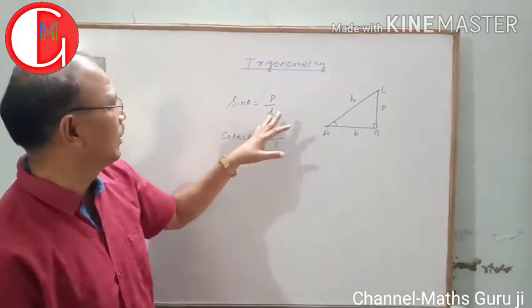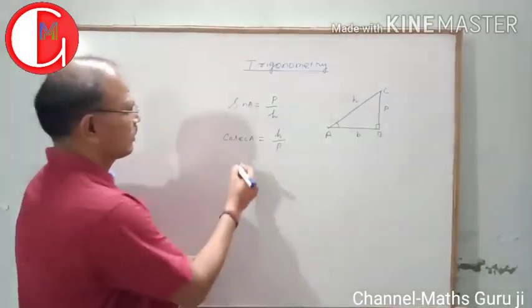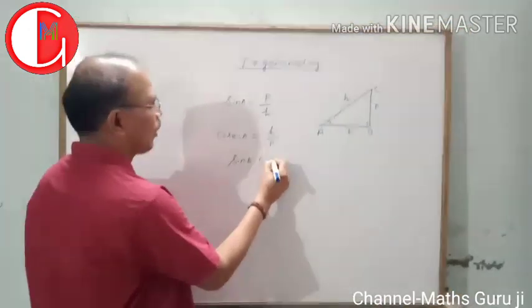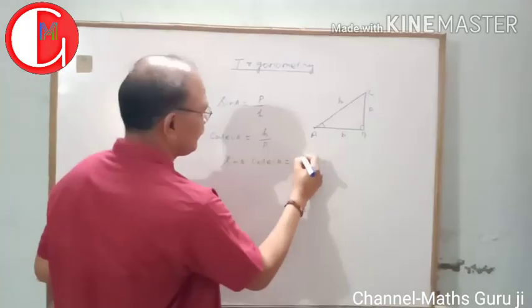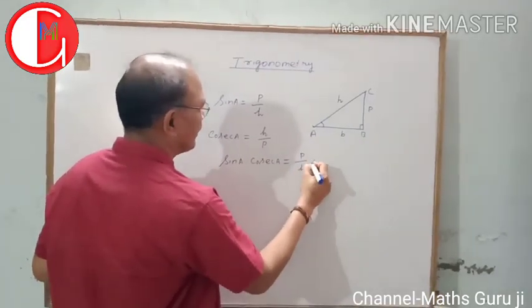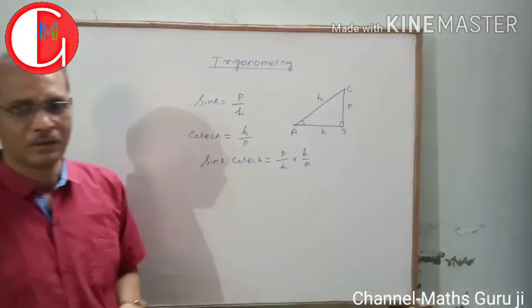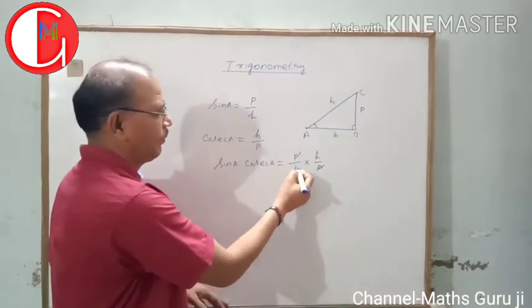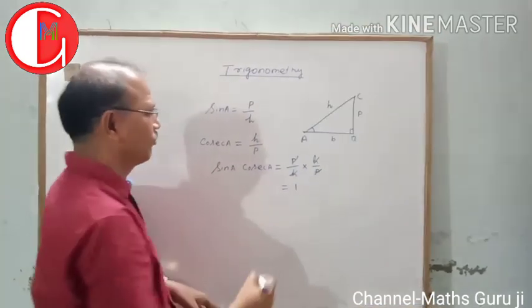So, what is the relation between both? Sine A into cosec A becomes P by H into H by P. You can cancel P and H. So this becomes 1.